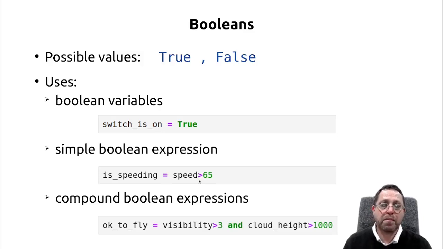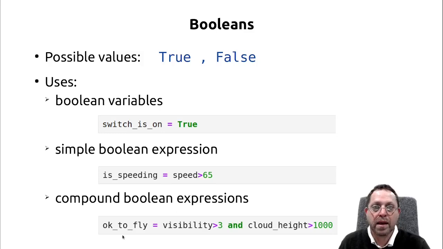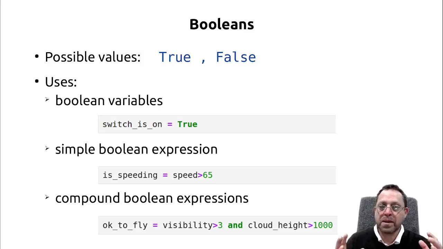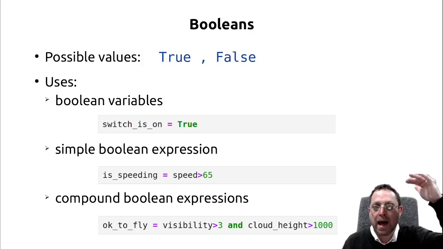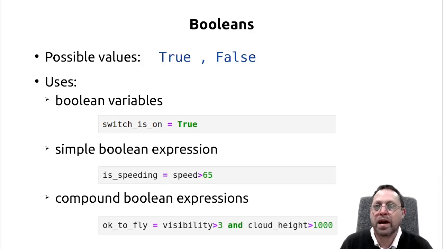Then we can combine simple Boolean expressions to create more complex or compound Boolean expressions. And here's an example of that. That is determining when it is safe for an airplane to take off. And the conditions for that is that the visibility should be at least 3 miles and the cloud height should be at least 1,000 feet.